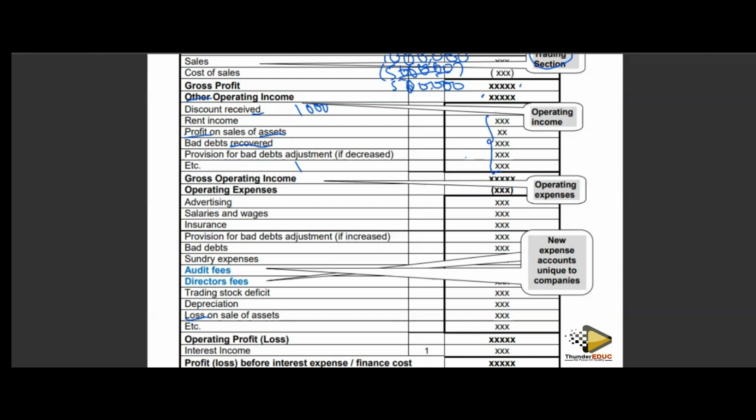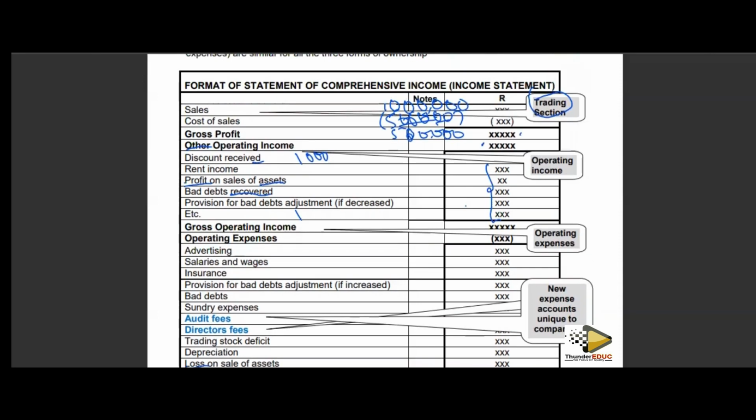Then, after getting our other operating income, we add it to, let me show you here, remember here we had our gross profit. Then we add it to this total we have got here.